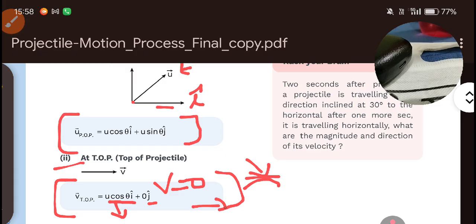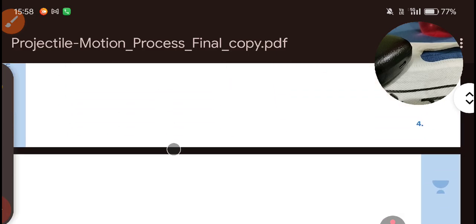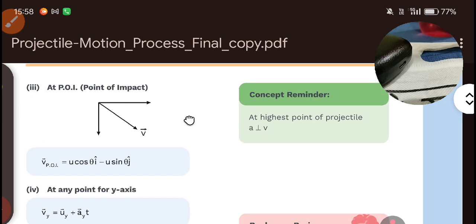From this you understood that the velocity along the horizontal will be the same at the highest point, but the velocity along the y-axis will become 0 at the highest point. I hope you have understood.